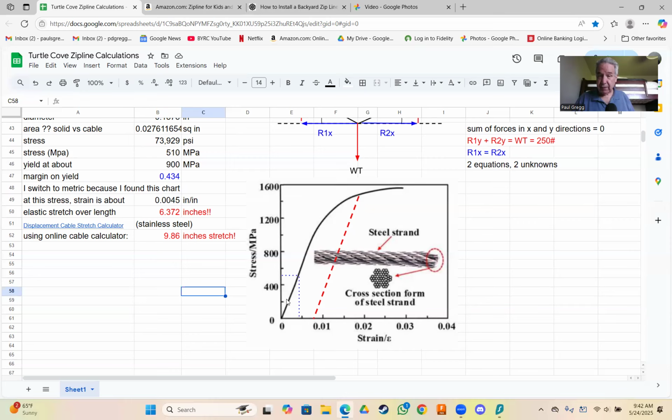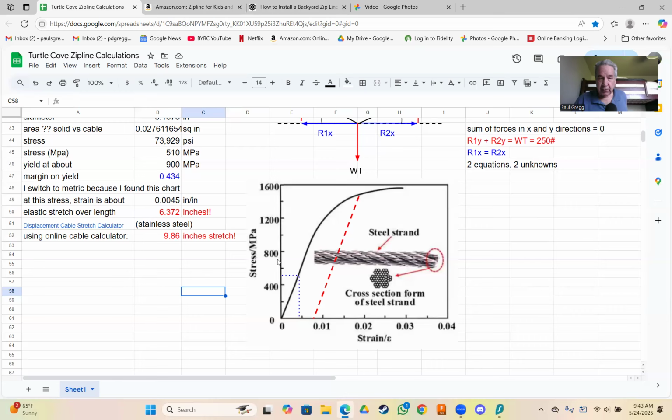Whatever goes back to zero, we call elastic strain. And whatever doesn't, we call plastic strain, or permanent deformation. If you're going to be a mechanical engineer or civil engineer, you get very familiar with those terms.